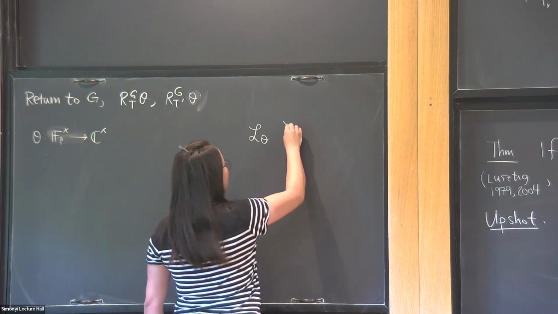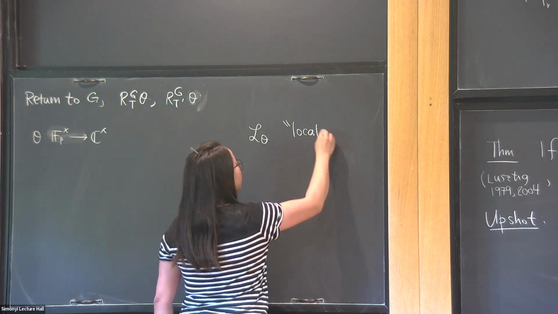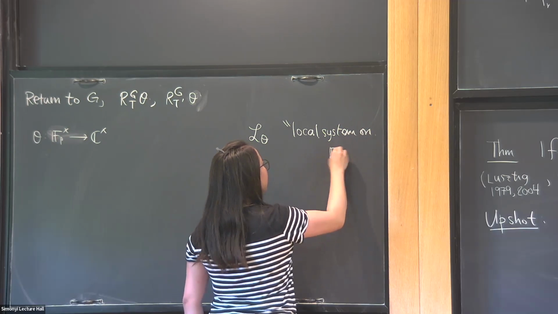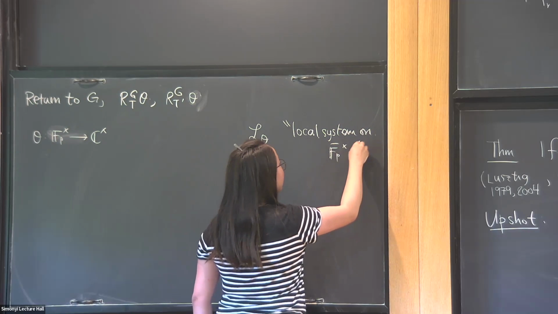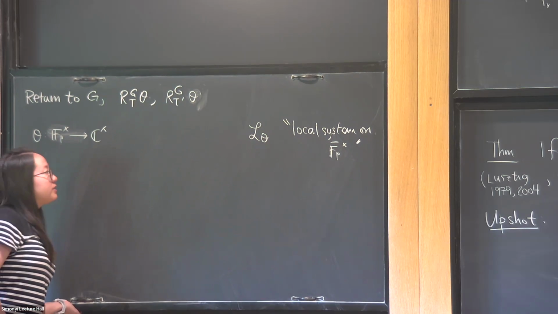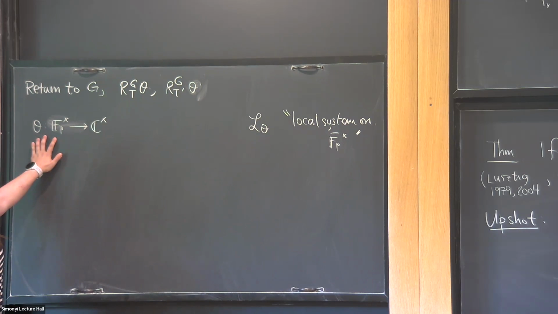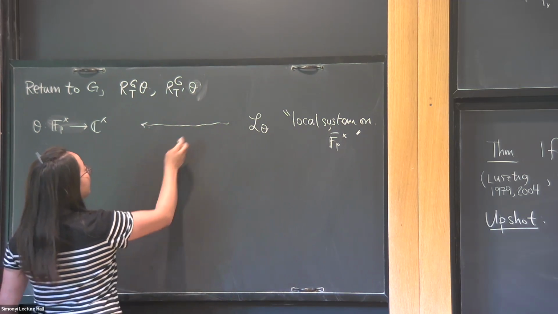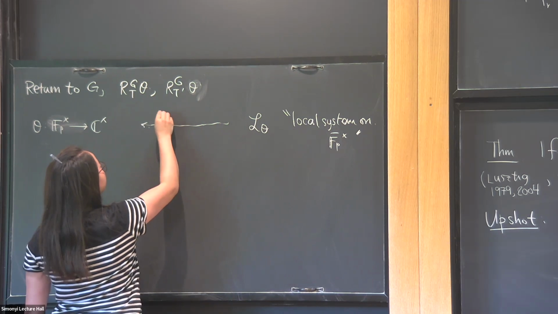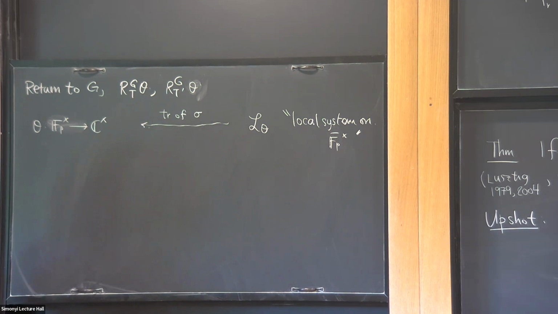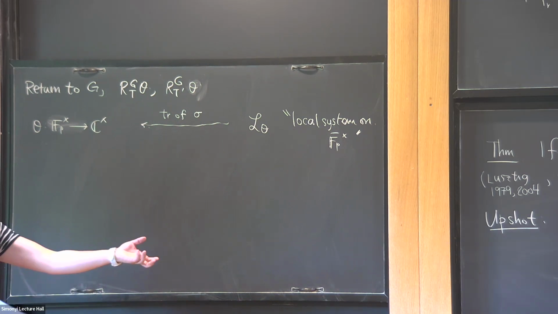There's something called a local system on now Fp-bar star, and this local system knows about this theta. The way it knows is through an operation called trace of Frobenius, which I'll write as sigma. This Frobenius just means you take an element of Fp-bar and send it to its pth power.